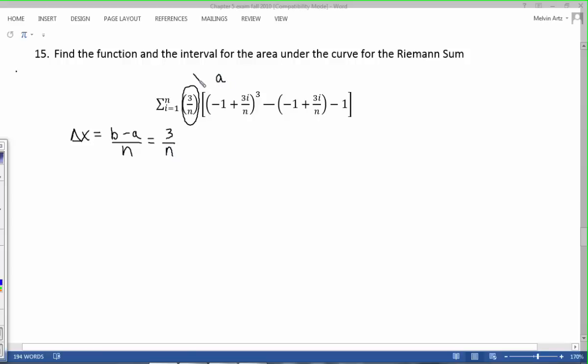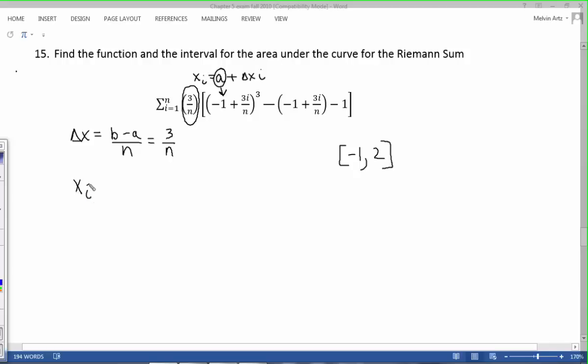Now we know that our x sub i equals a plus delta x i, and this is our starting point. So we're starting at -1 and we have a length of 3. So our interval would be from -1 and then it has a length of 3. So 0, 1, 2. That would be the length of our interval.